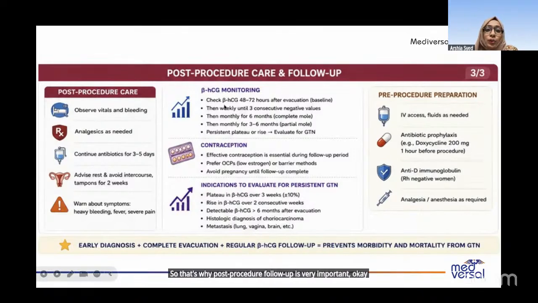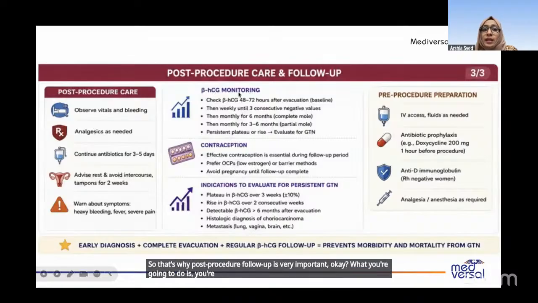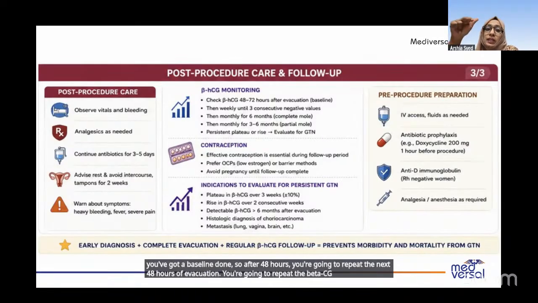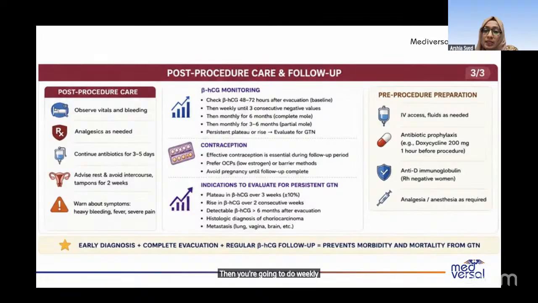What you're going to do is monitor by doing the beta HCG level. So you've got a baseline done. After 48 hours of evacuation, you're going to repeat the beta HCG. Then you're going to do it weekly for 3 consecutive weeks till it becomes negative. After it becomes negative, you don't stop at that, like how you stopped in ectopic.